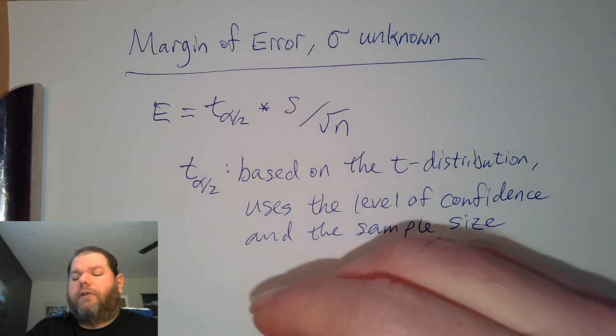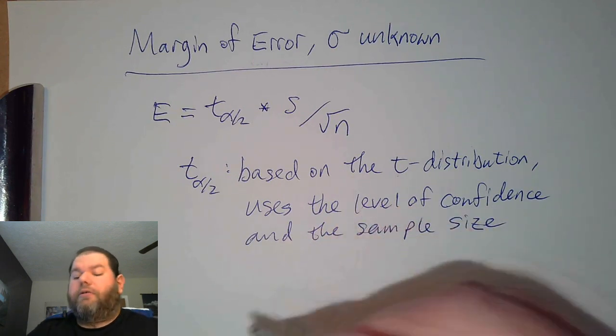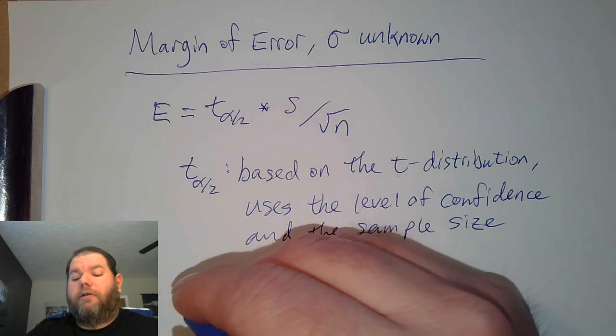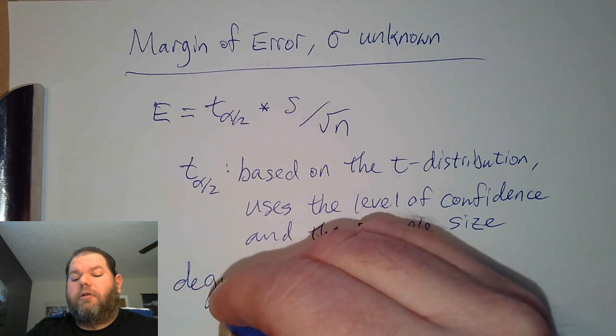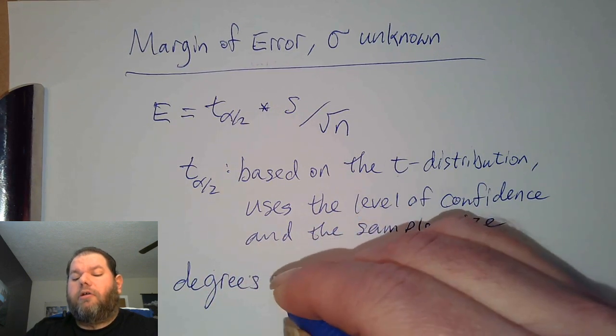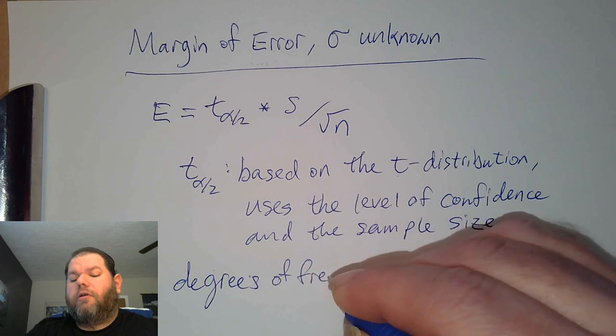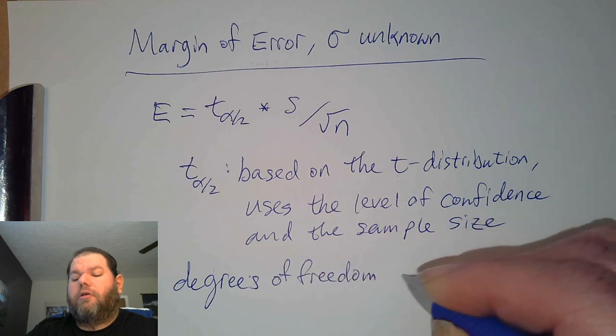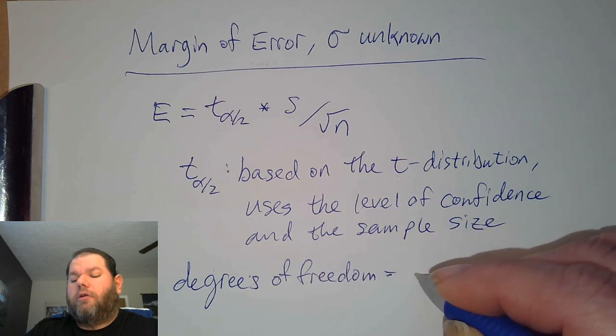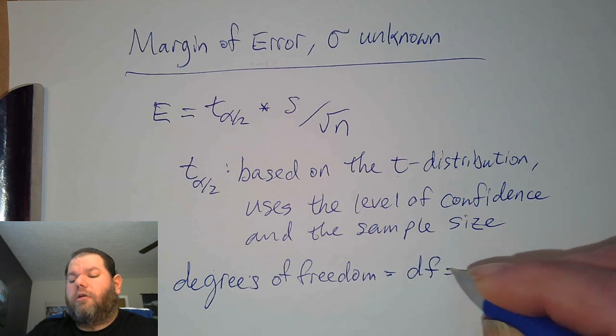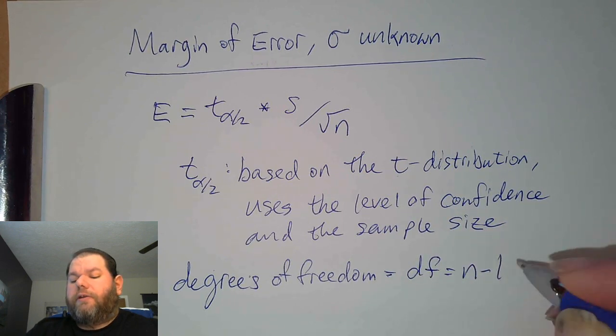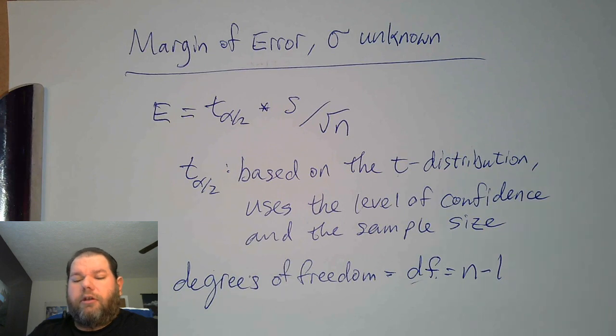We call this value degrees of freedom, and I'll shorten that to df. Degrees of freedom is just equal to n minus 1, so sample size minus 1.